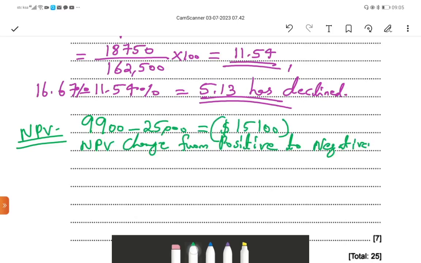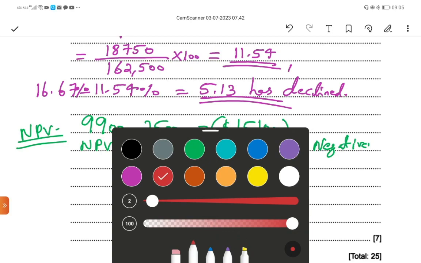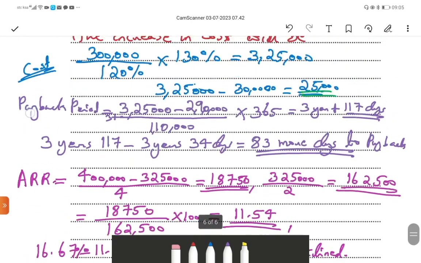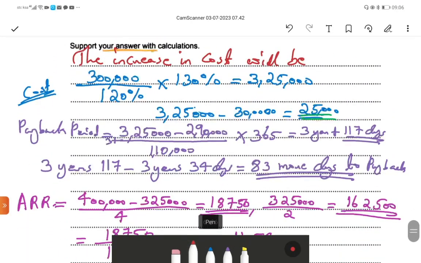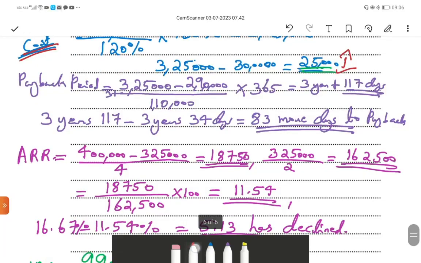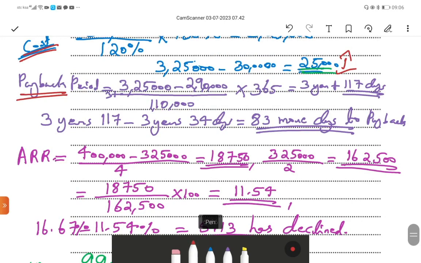So we have checked each one with the calculation. The question asked us to check. So first one, the cost has increased by 25,000. Next, the payback period will take 83 more days to get all the money back.